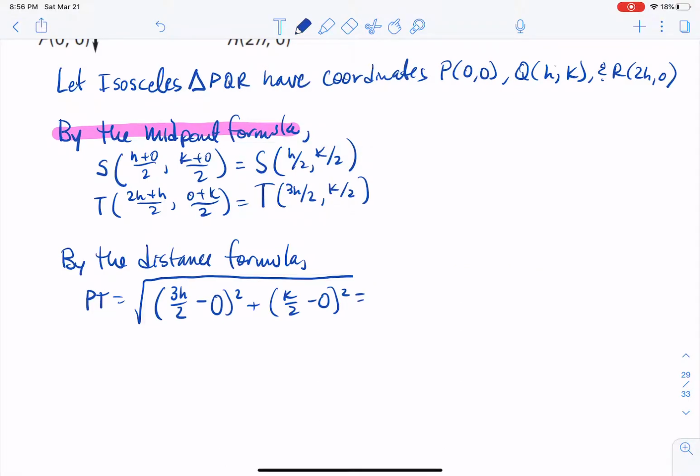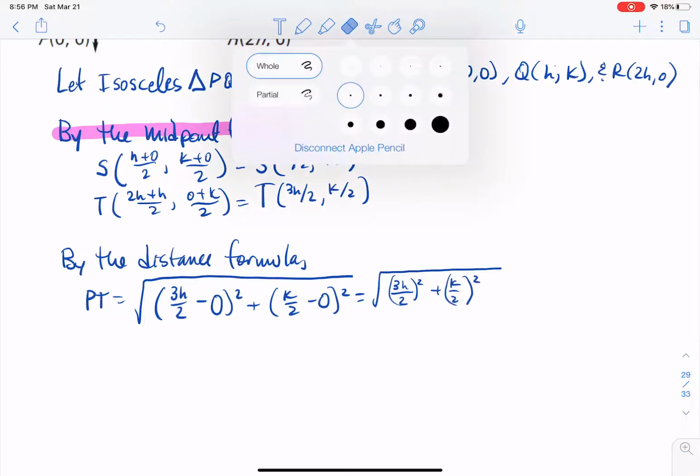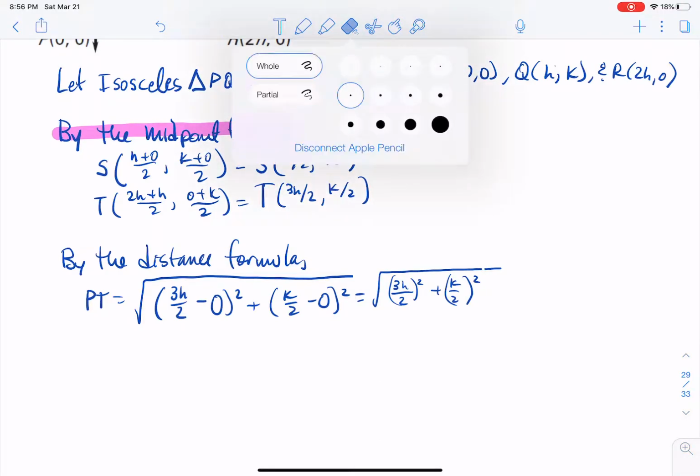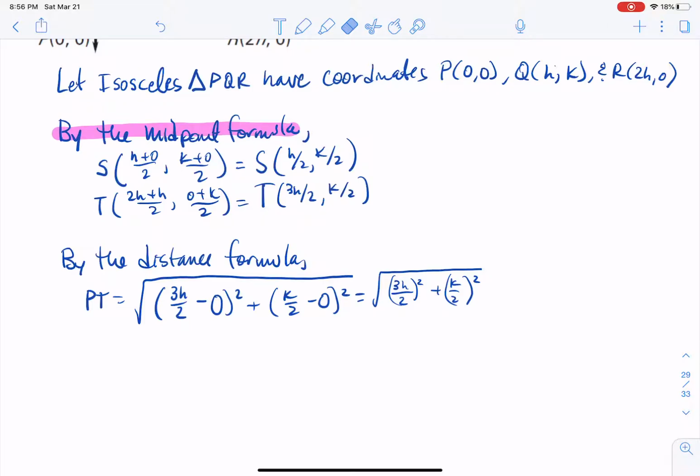Subtracting 0 does a whole bunch of nothing to each one of these coordinates, and I would have 3H over 2, which we're going to have to square, plus K over 2, which we're going to have to square.